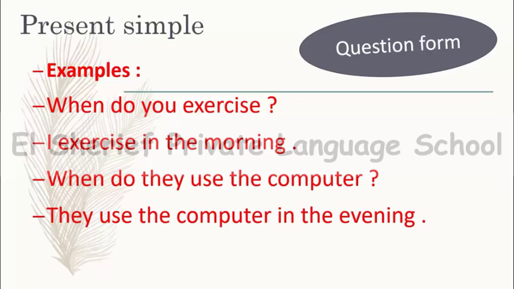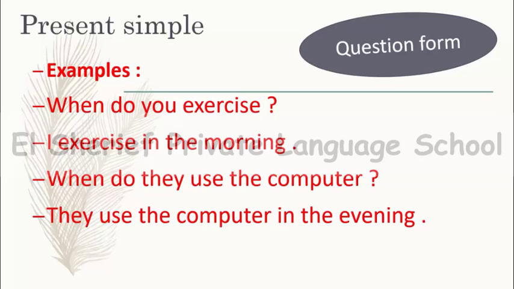When do you? When do they? We use the subject you or they, and then it is followed by the infinitive or the base verb. Here the base verb is exercise, so we asked using when do you exercise.